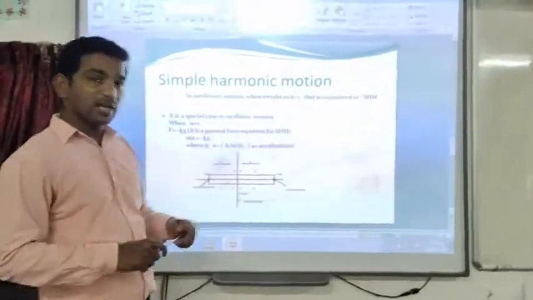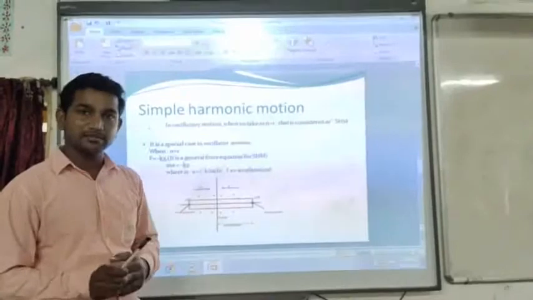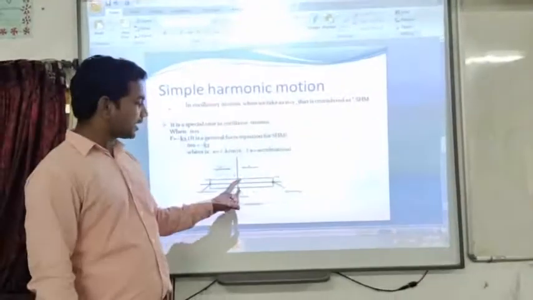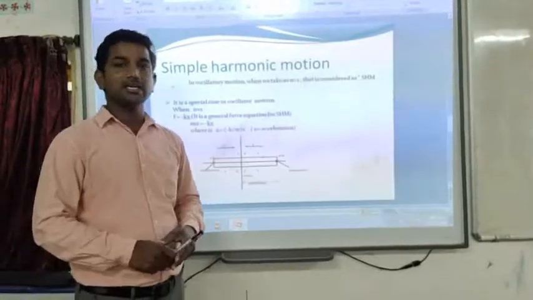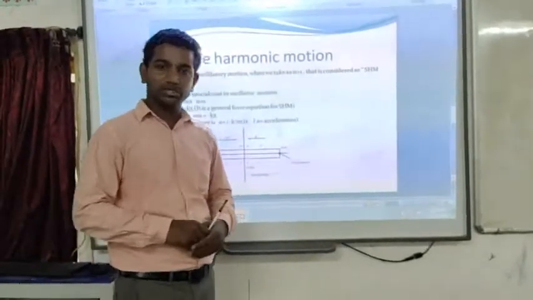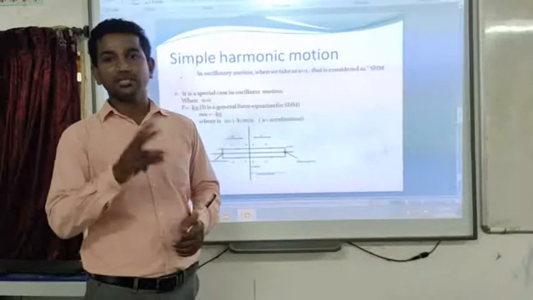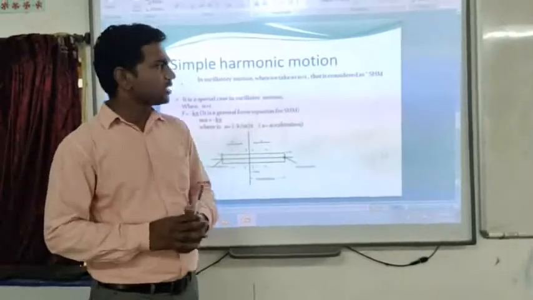And next, we always find the displacement of the particle from the reference position. Generally in books, the definition of simple harmonic motion is given based on these three conditions. Now what is the ultimate definition?